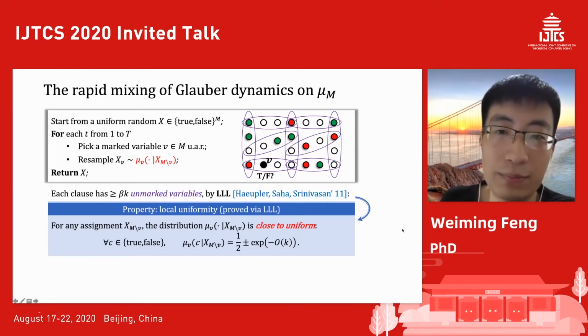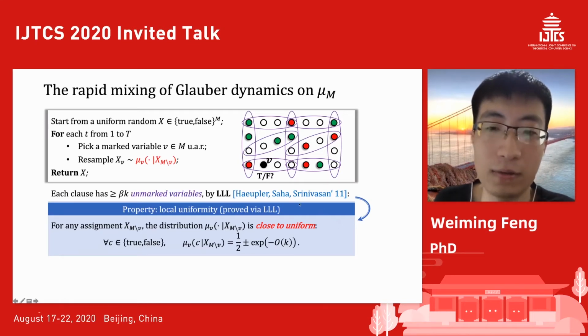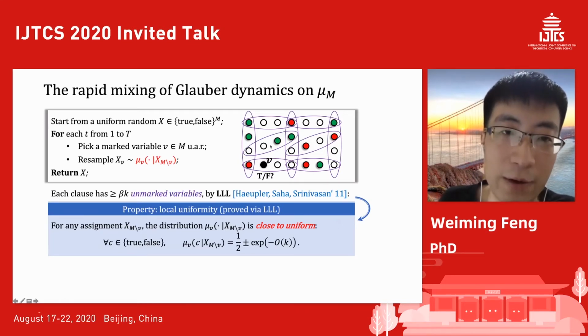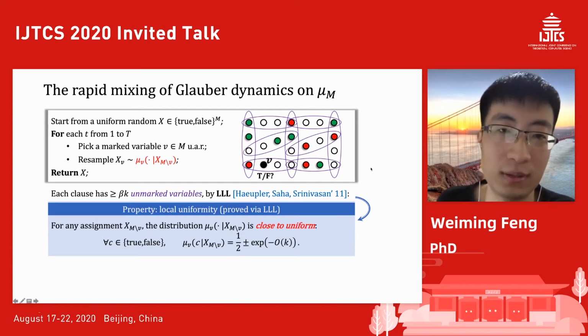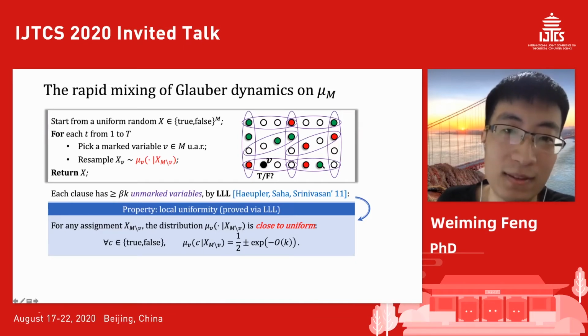This lemma is proved by the Lovász local lemma, as each clause contains at least beta k unmarked variables, and these variables, the white variables in this picture, are unassigned in the conditional distribution. Intuitively, given any assignment of marked variables, we can set the assignment of all these white variables to get a satisfying assignment.